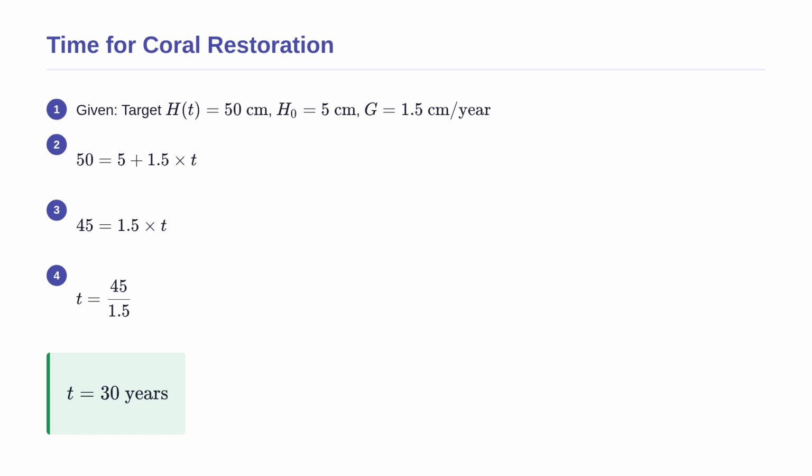On the right, we have 5 plus 1.5 times our unknown time, t. To isolate the new growth needed, we subtract 5 from 50, leaving 45 centimeters of required growth. Finally, we divide that 45 by the annual rate of 1.5. The result is 30 years. This shows us that reef restoration is a very slow process, requiring decades of patience and strict environmental protection.